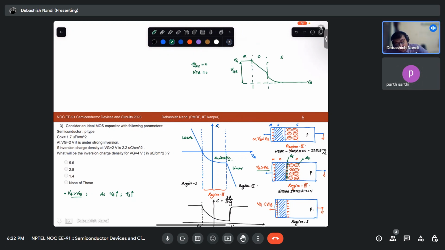If this is VGB, then at this point, not the entire voltage, this is your psi ox. Some portion of the gate voltage is dropping across this oxide, and then the remaining portion is dropping in the semiconductor within this region, because in this region there is no change in potential, right?